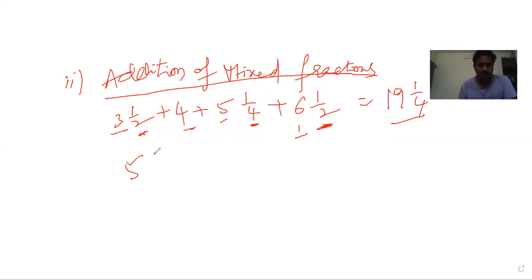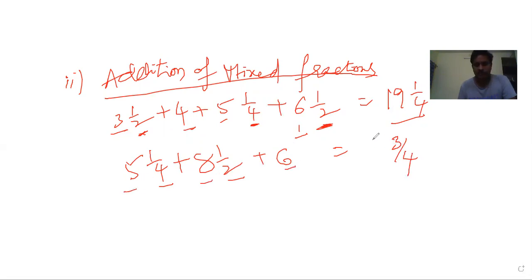Next, see one more example: 5 1 by 4, 8 1 by 2 plus 6 equal to. Now 1 by 4, 1 by 2, that value is half plus quarter, three-quarters. Three-quarters means 3 by 4. Write that. 5 plus 8, 13. 13 plus 6, 19.